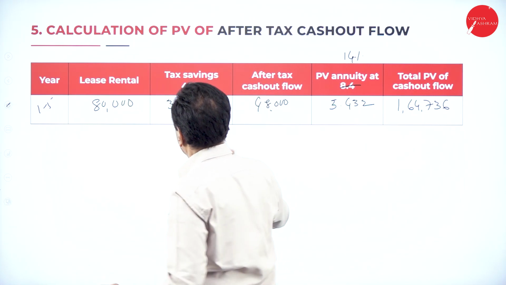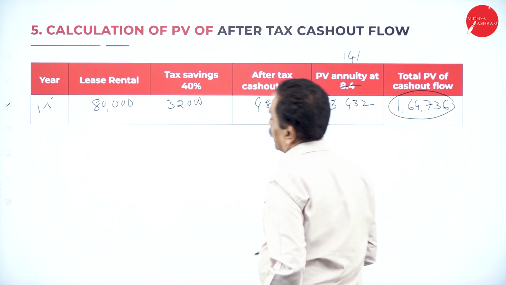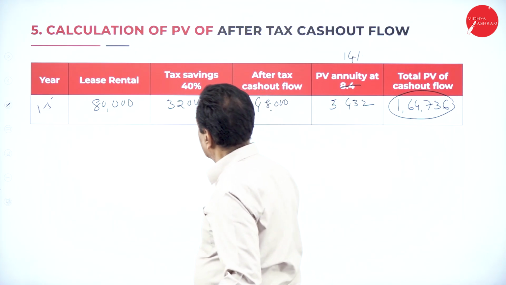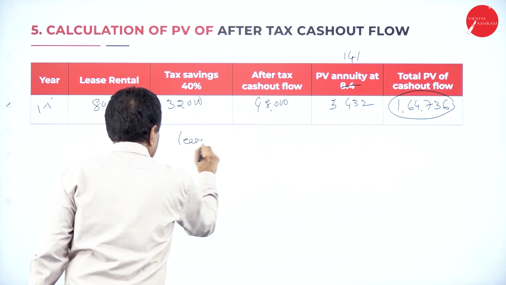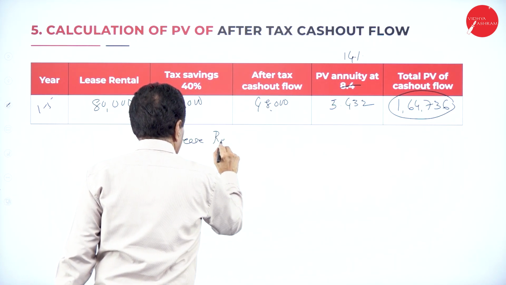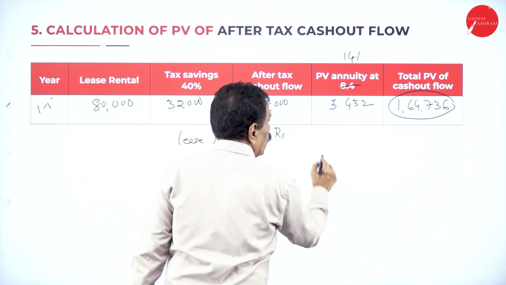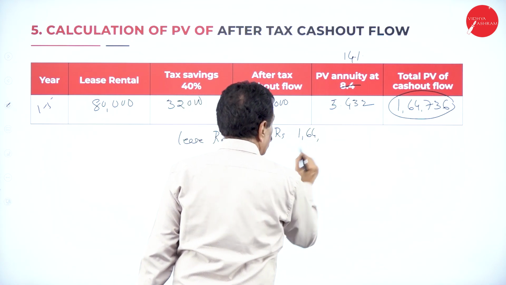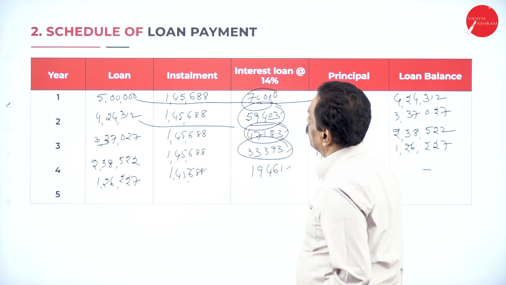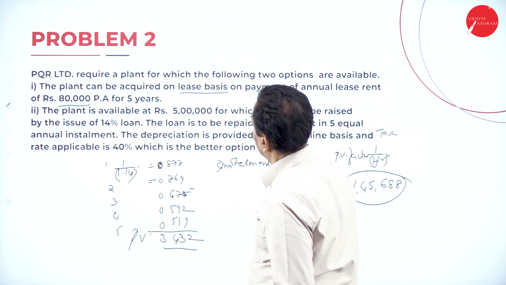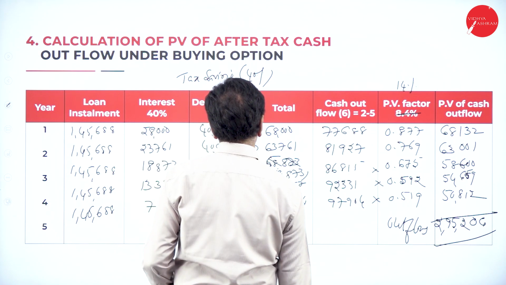So this is as per rental value, how much he pays? As per rental value, lease rental, rupees 1,64,736. Then buying option, how much does he pay?